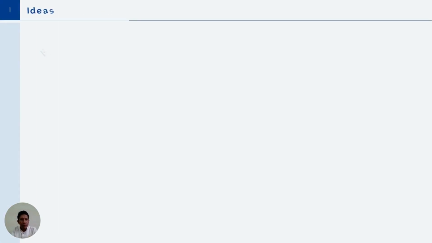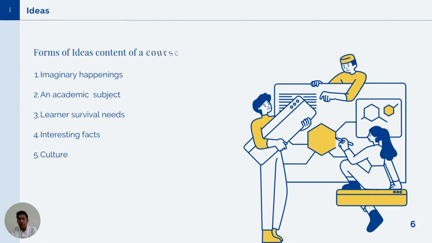The next unit of progression is ideas. A good language course not only develops the learner's control of the language, but also puts the learners in contact with ideas that help the learning of language and are still useful to the learners.